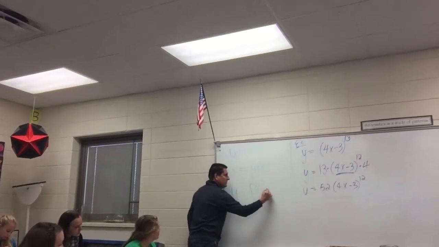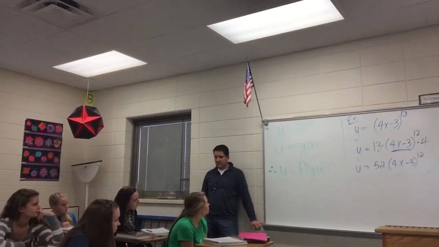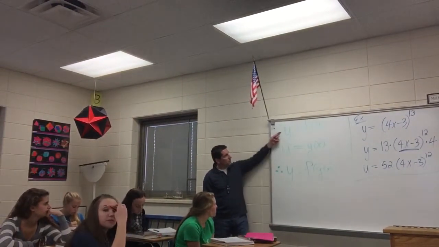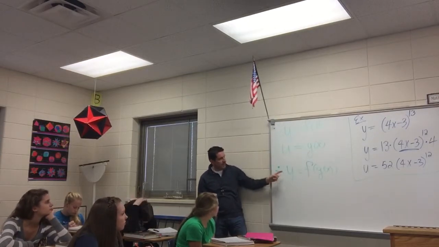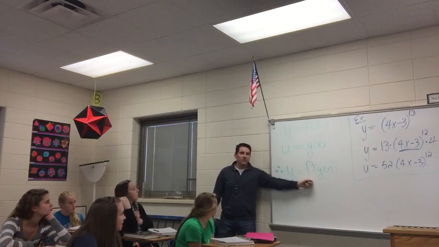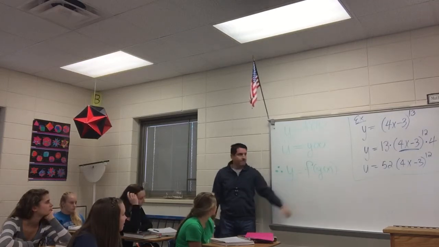F of g of x, right? Okay. So y is equal to f of u and u is equal to g of x. That implies that y is equal to f of g of x, which is the rascal that we're trying to figure out today. Right? Okay.